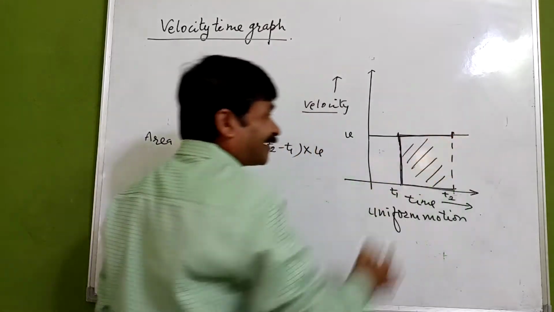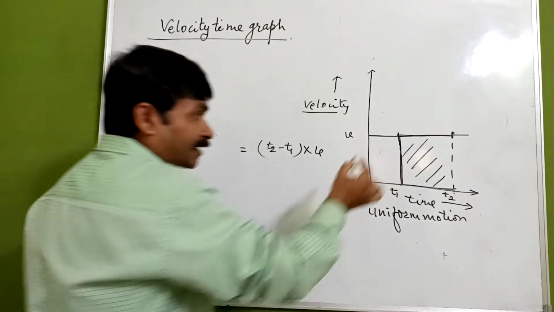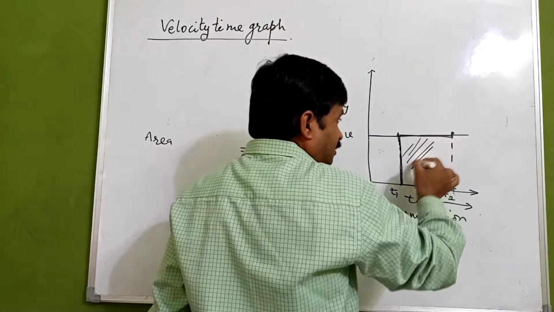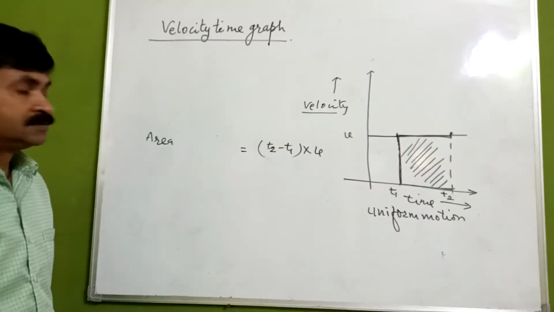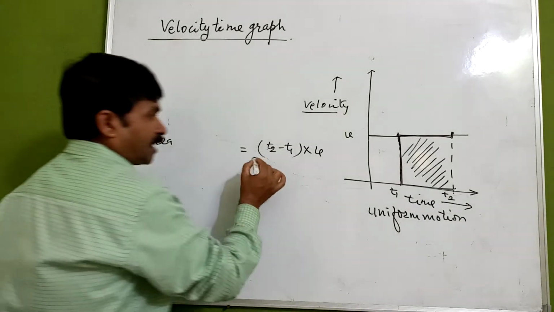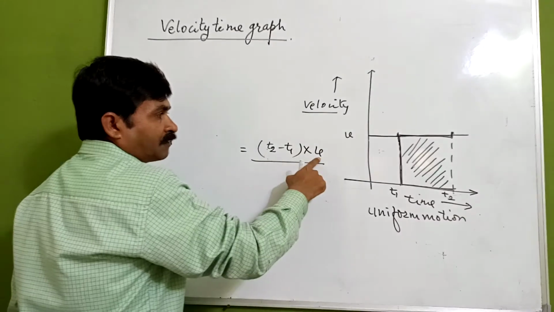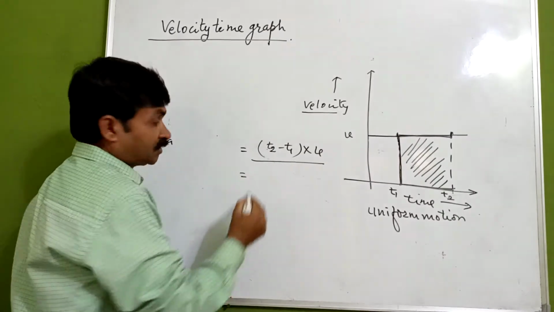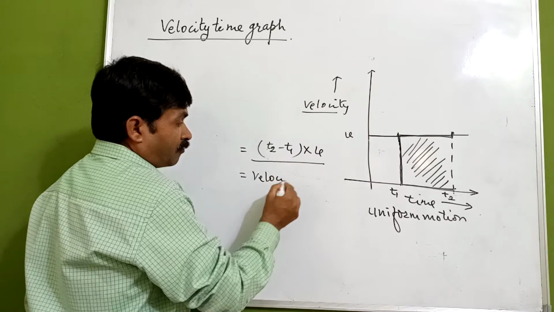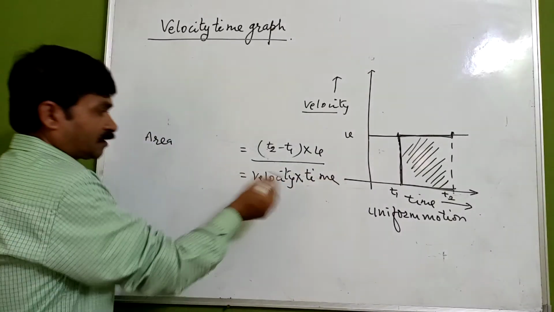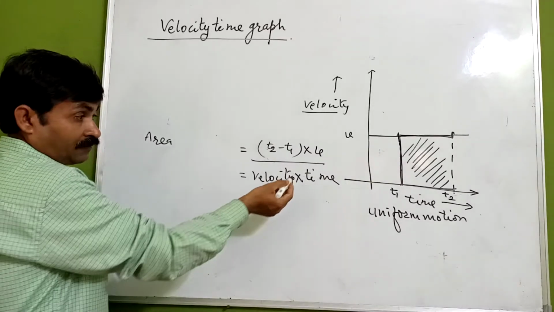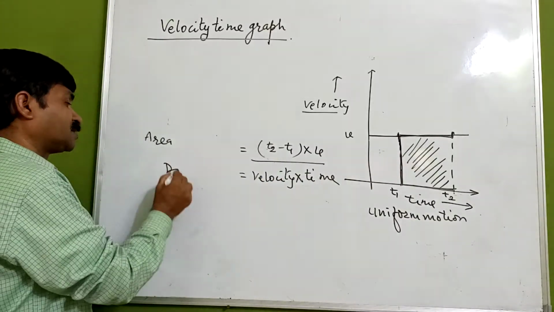So the area under this graph is giving us something. What is that? Velocity multiplied with time. Now we know that velocity into time will give the displacement.